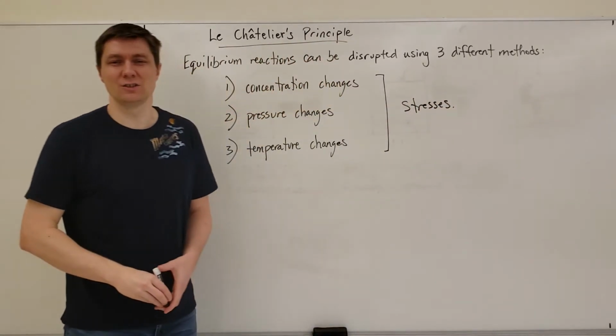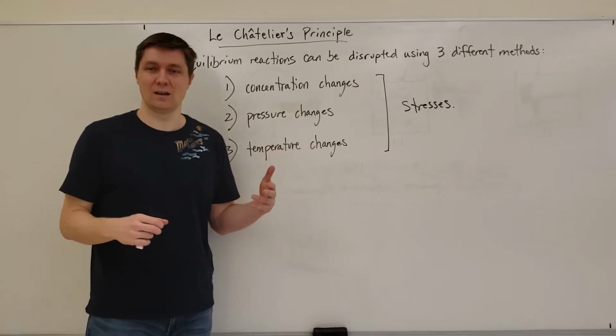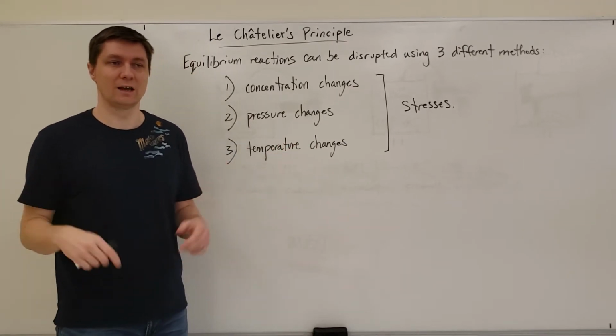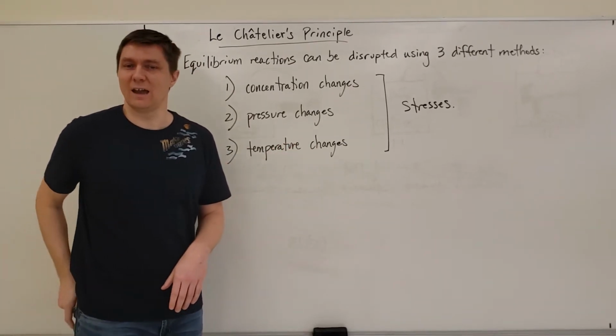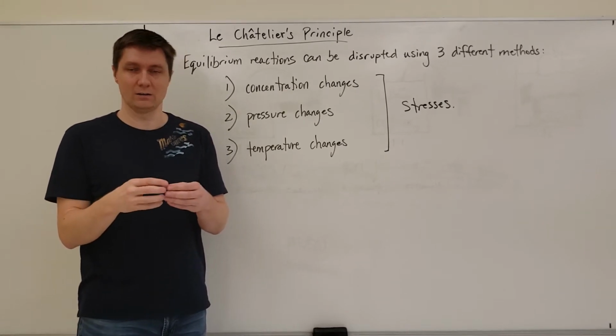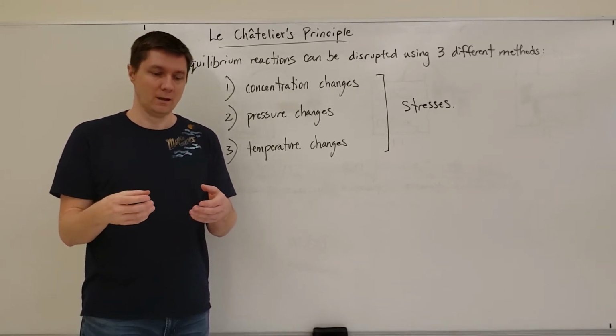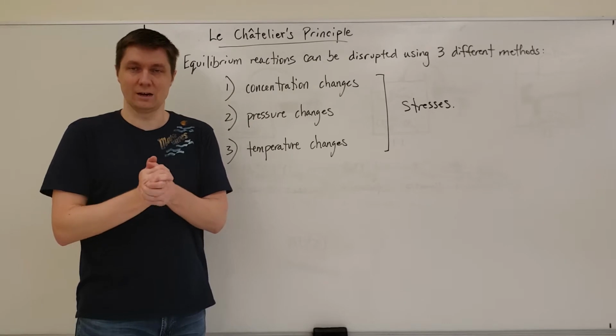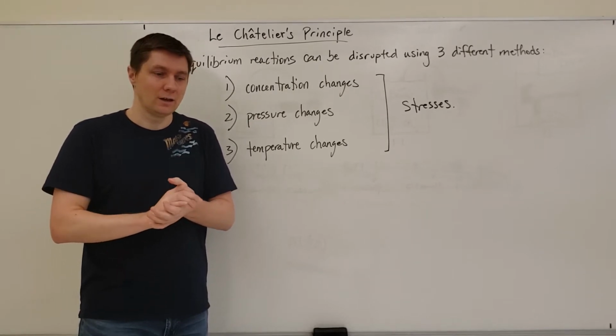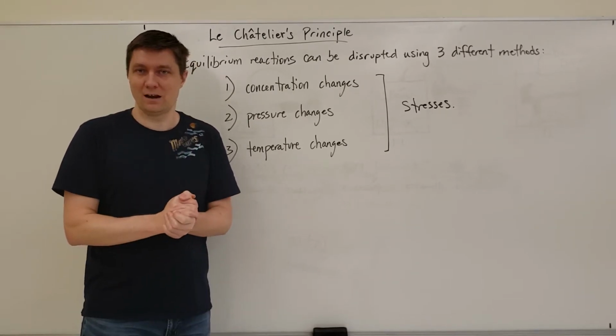So the analogy that I like to use to describe this, and how this is analogous to a real life situation, is if you take a hair elastic, for example. A hair elastic has a particular shape. And if you squish that hair elastic up in your hands, you're disrupting its shape.